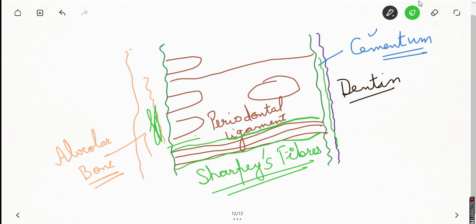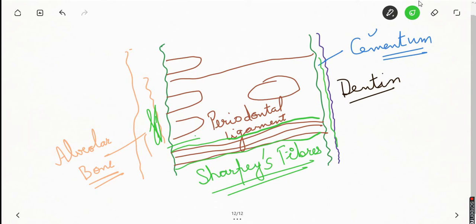Now, what is the importance of these Sharpey's fibers? You have to remember that they form a continuous anastomosing network between the tooth and the bone. The ends of periodontal ligament fibers that are embedded into the alveolar bone and the cementum are known as Sharpey's fibers.